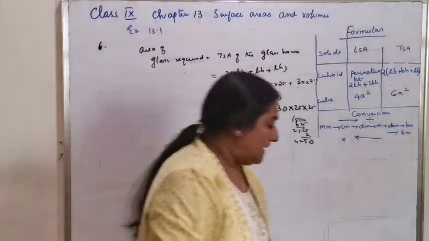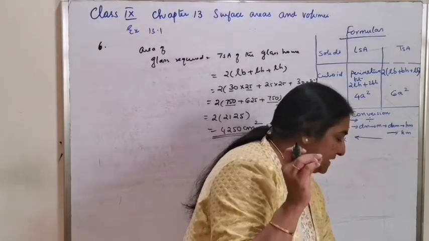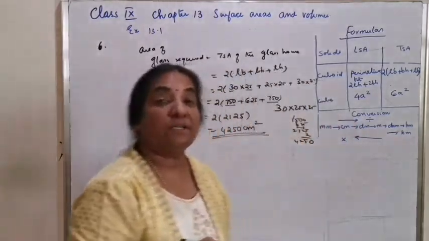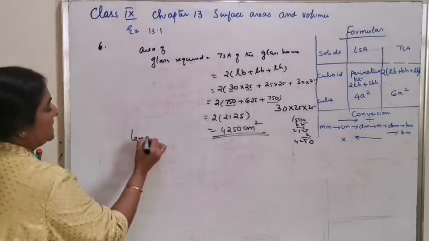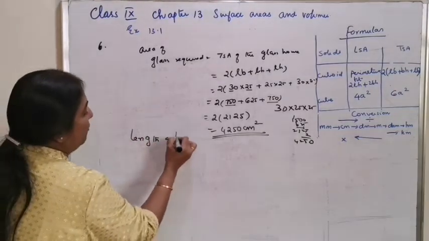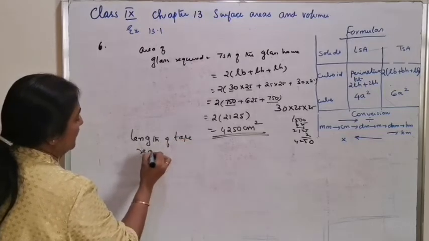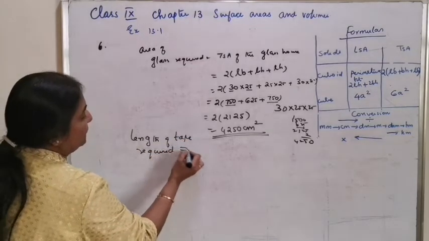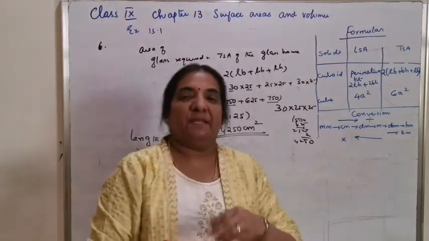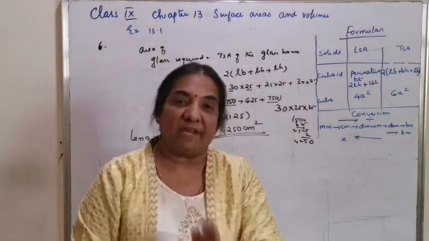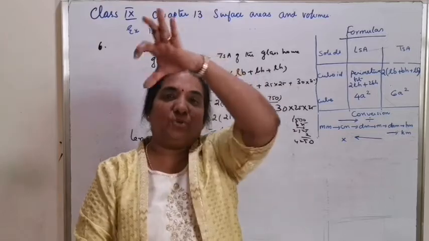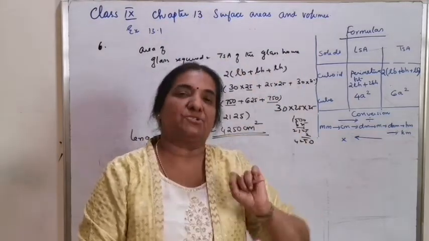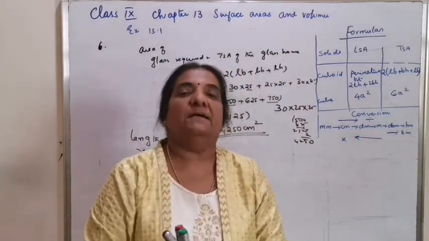Now they are fixing it with the tape. What is the length of tape required? If you remember the tissue box, it has 12 edges. How are the 12 edges made up? The length, 2 length parts on top as well as 2 length parts below.